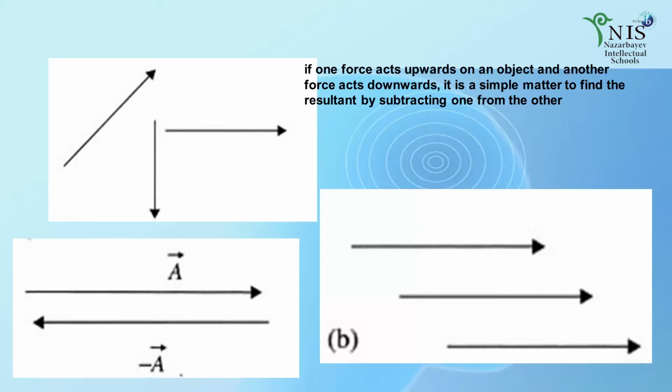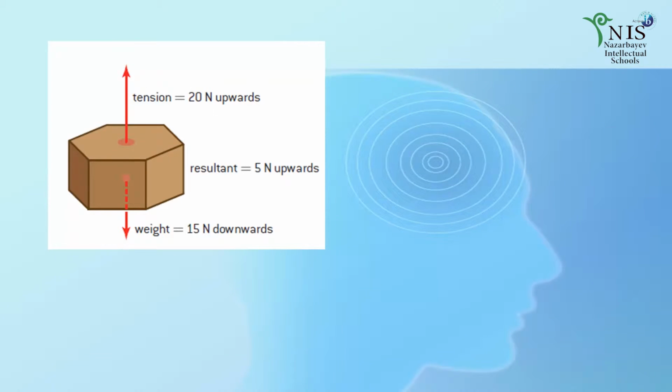So if one force acts upwards on an object and another force acts downwards, it is a simple matter to find the resultant by subtracting one from the other. For example, on a body act two forces: upward tension of 20 newtons and weight downwards of 15 newtons.